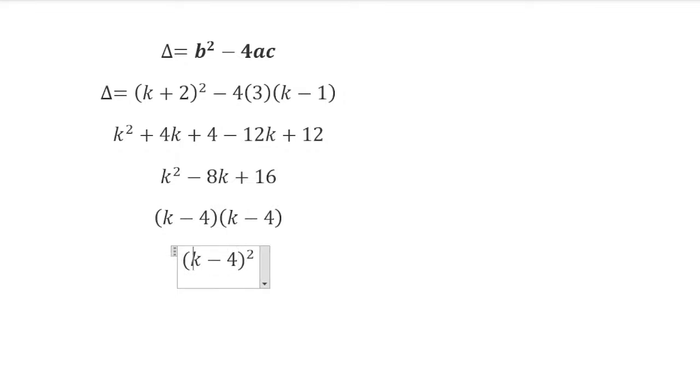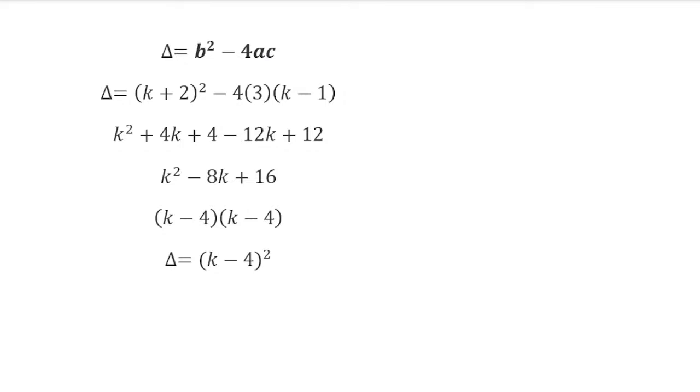So now delta is equal to (k minus 4) all squared.